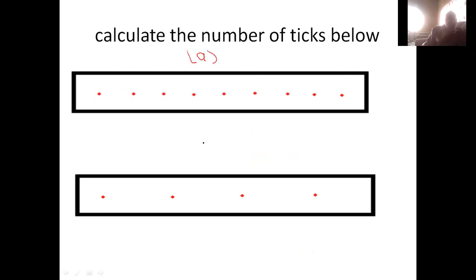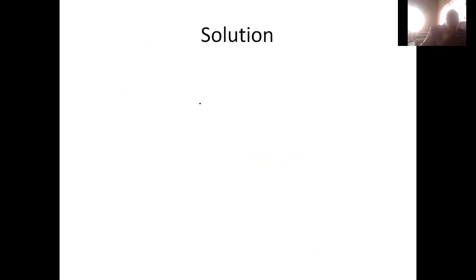Now that we have known how to calculate the ticks, here are questions A and B. The question is to calculate the number of ticks. The ticks here are 1, 2, 3, 4, 5, 6, 7, 8. And therefore strip A has 8 ticks.